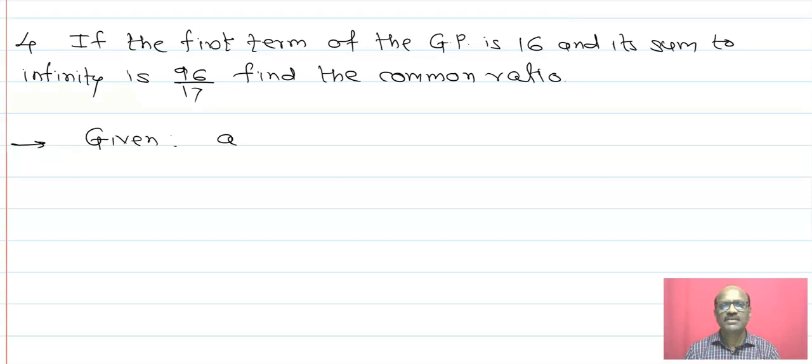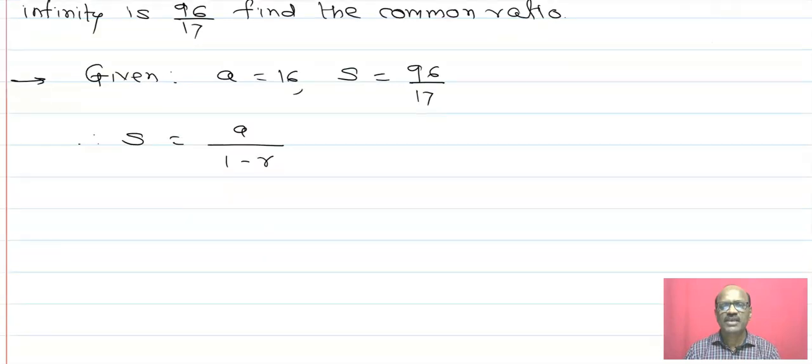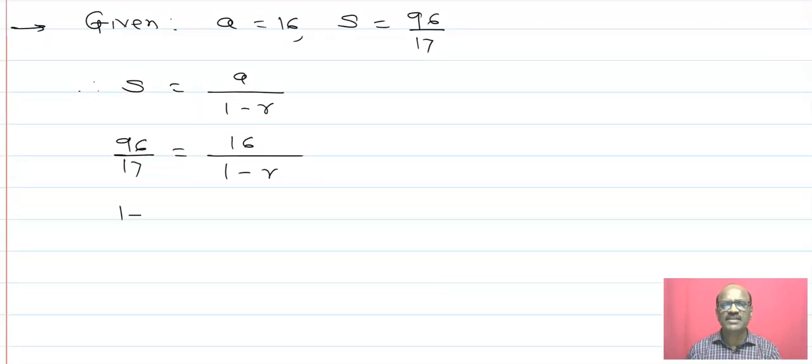Therefore, given a is equal to 16, s is equal to 96 upon 17. Therefore, s is equal to a upon 1 minus r. Therefore, 96 upon 17 is equal to 16 upon 1 minus r.